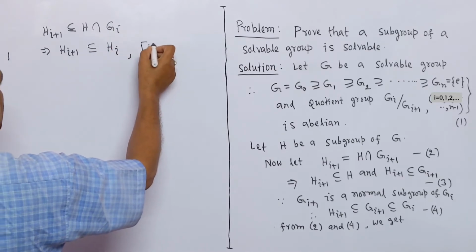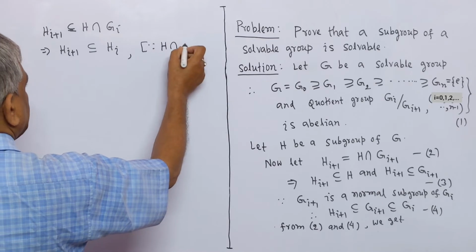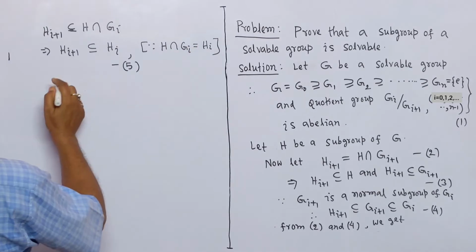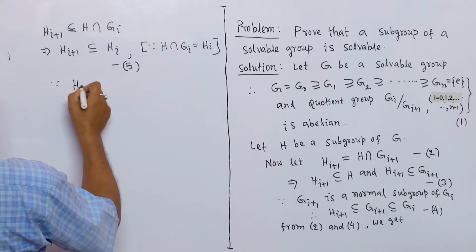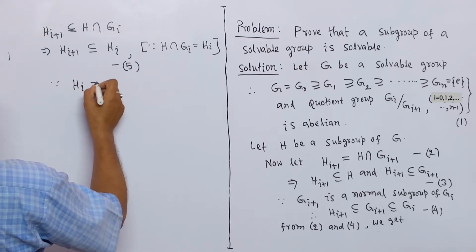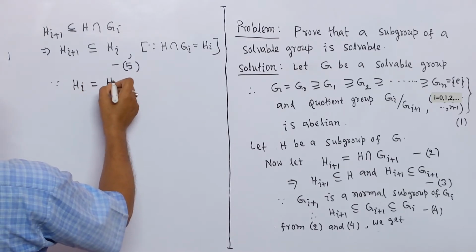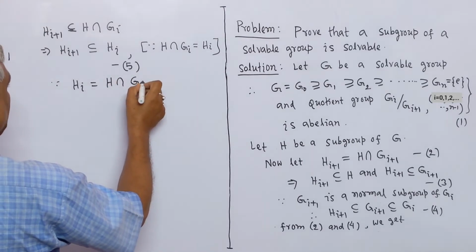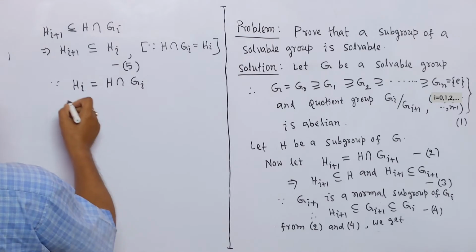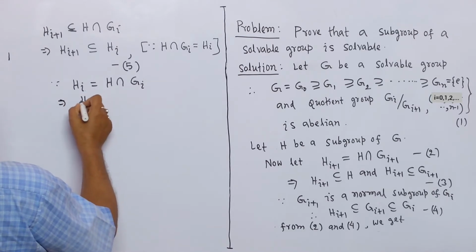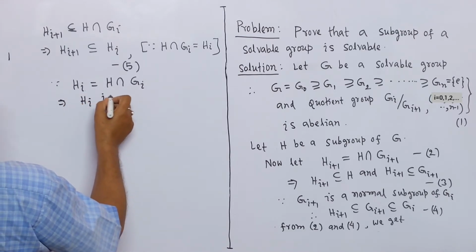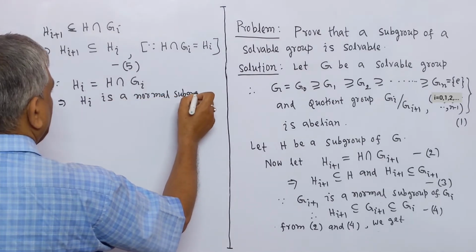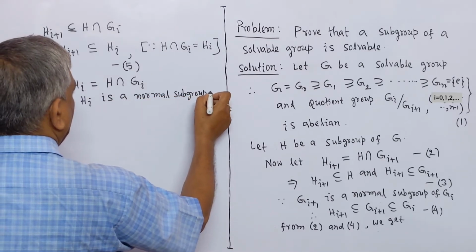Since H intersect Gi equals Hi, the subgroup H intersect a normal subgroup Gi, implies that Hi is a normal subgroup of H.